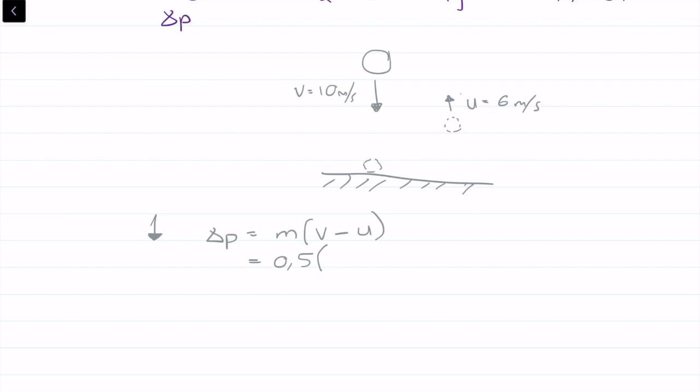Our velocity initial is going to be a positive number, but our velocity final is going to be a negative number because it's in the opposite direction. So what we actually have is 0.5 times 16, which comes out at 8 kilograms meters per second. So that was what our change in momentum is.